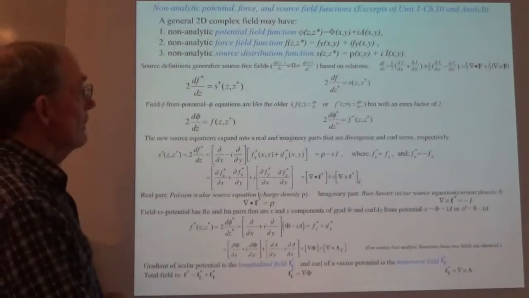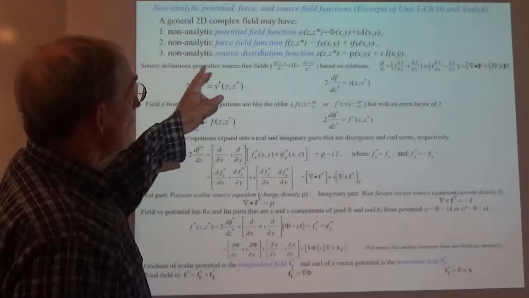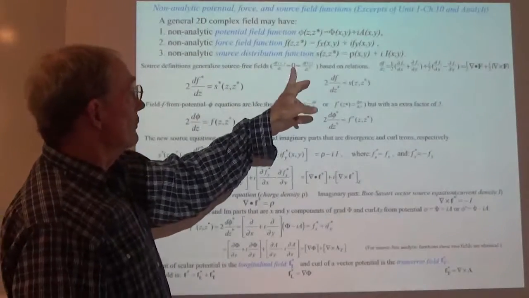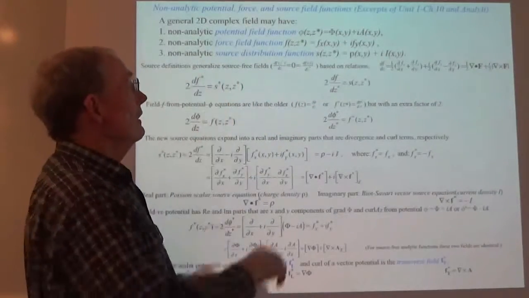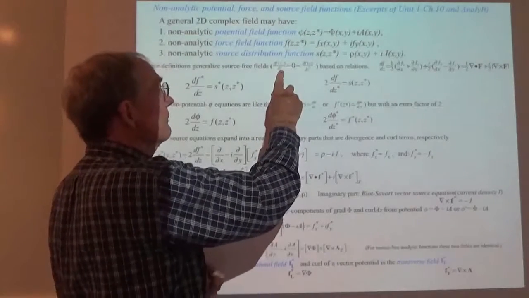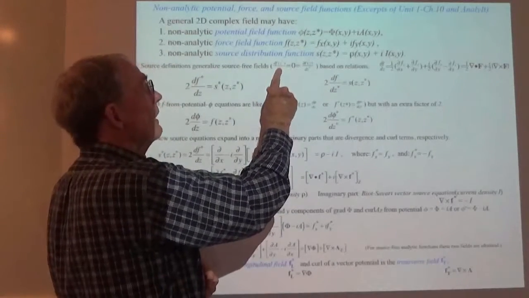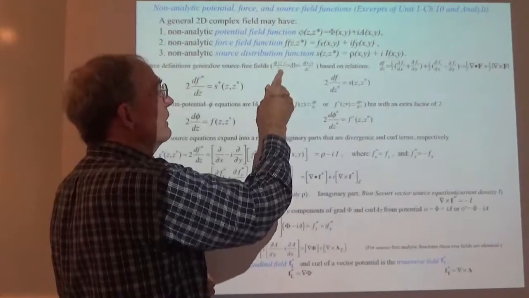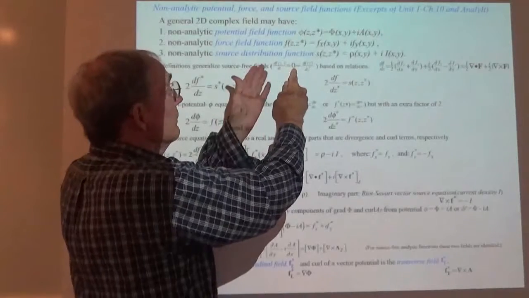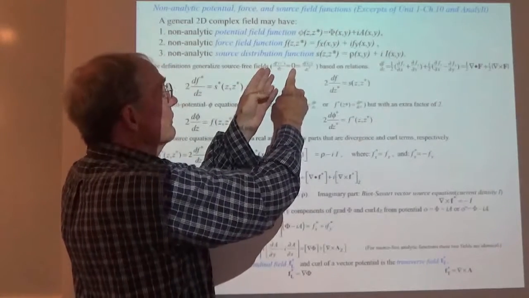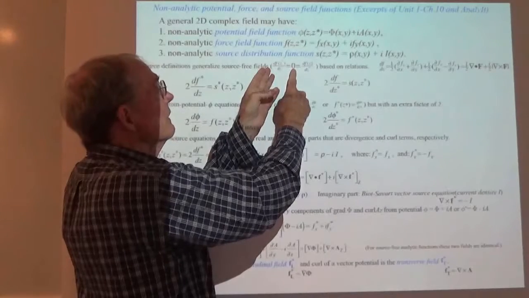So the source definitions that we used before, when there was no source, that is a source-free analytic description we've been just talking about for the last couple of talks here, where the derivative of the function of z star was 0. That's what we did: we made our function of z into the function of z star by conjugating it.